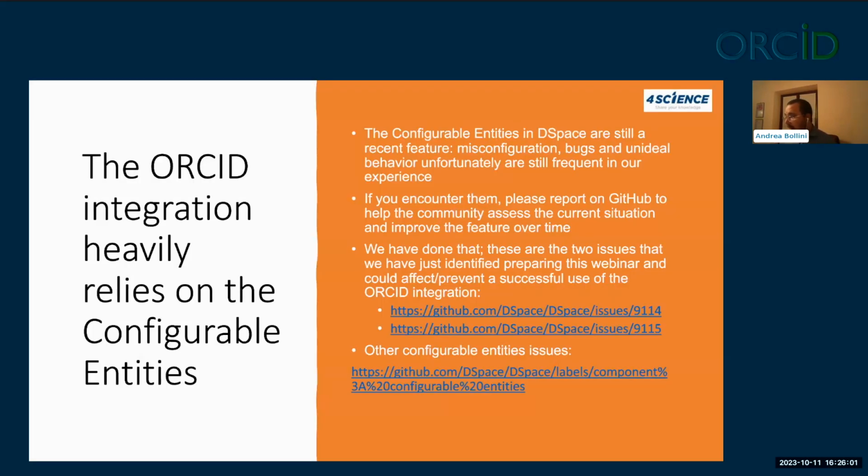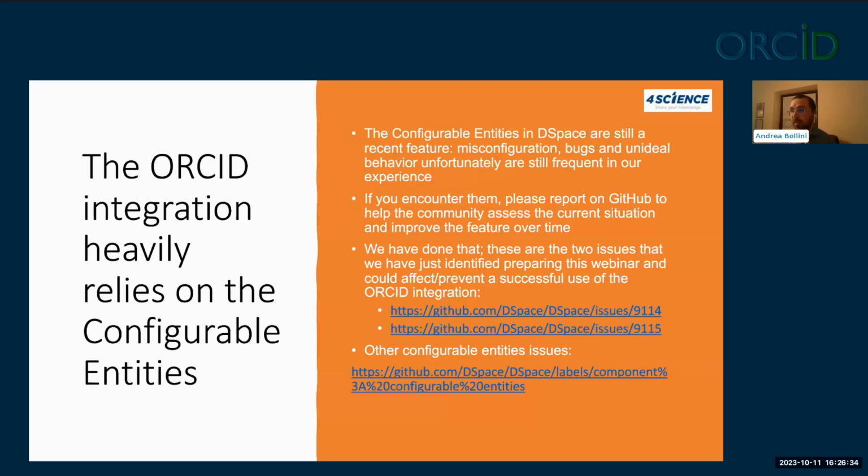The ORCID integration heavily depends on the configurable entities. So if there are misconfigurations, bugs, or unideal behavior in these configurable entities, this will affect your ORCID integration. And unfortunately, we know that this feature is still young in DSpace and it is not unusual to have this sort of issue.